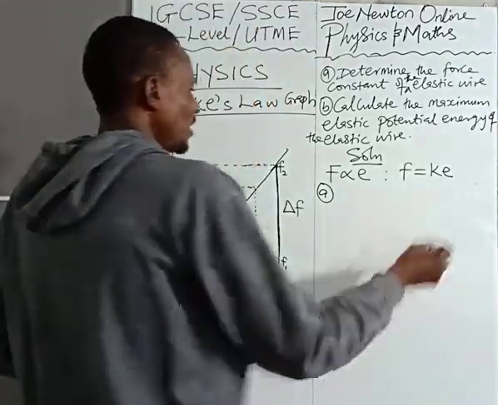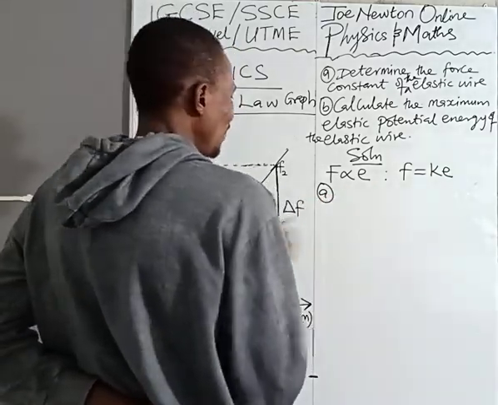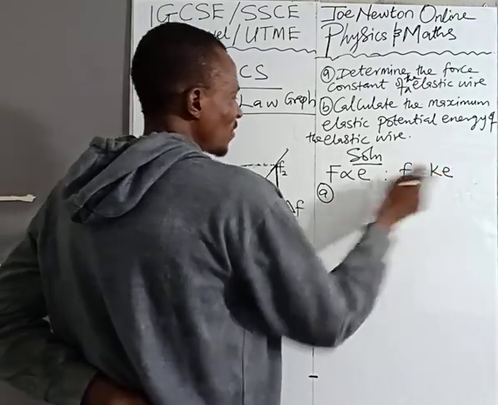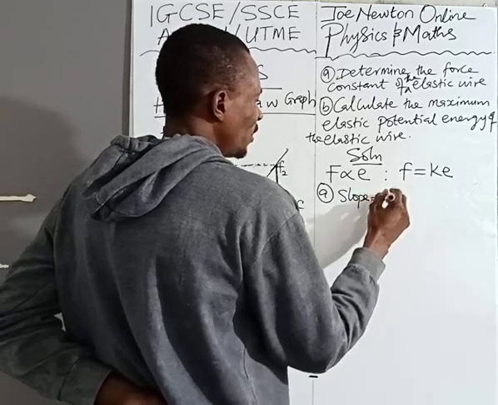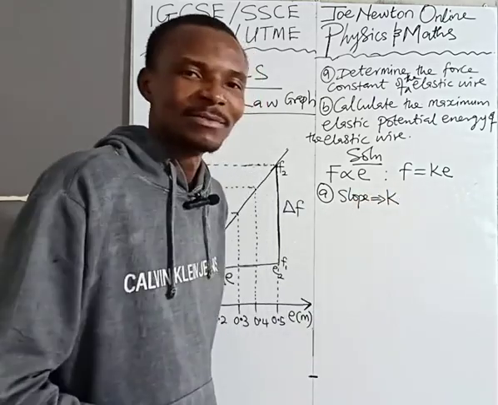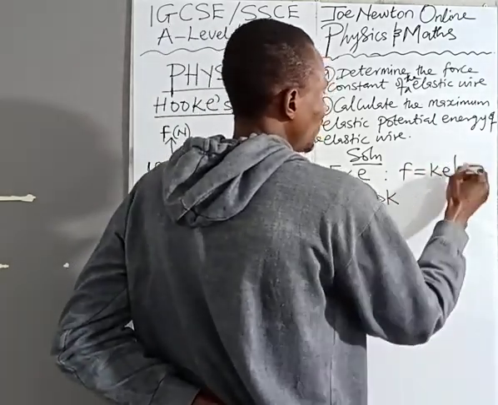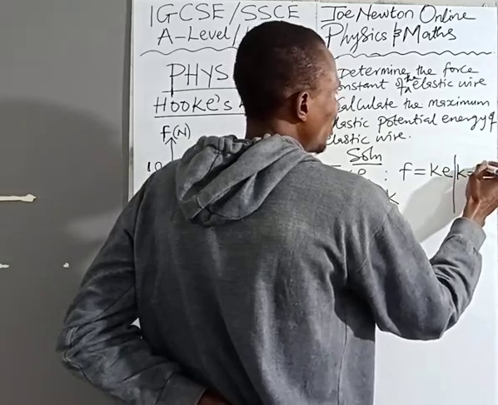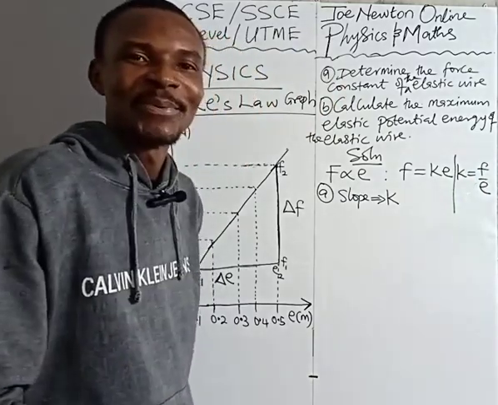Okay, now the gradient or the slope is equal to the elastic constant, because from here K is equal to F over E. You see what we mean by the slope?